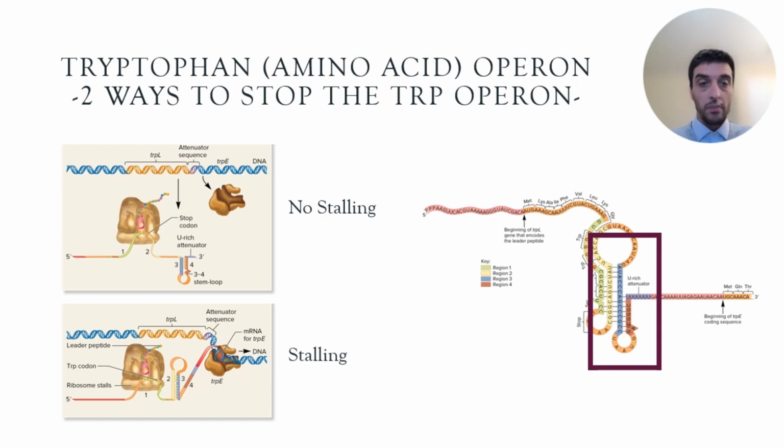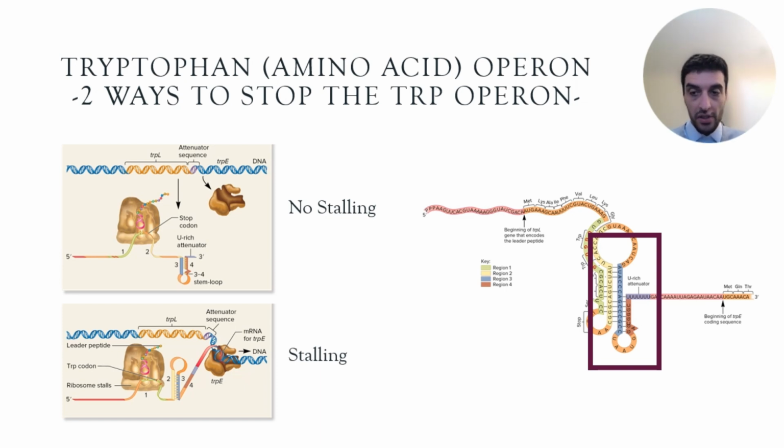So, in other words, if there is no stalling, the ribosome goes too fast and it's going to be connecting in this region. That way it's going to inhibit the production of tryptophan. And if there is stalling, which happens when it has low tryptophan, it's going to be connecting in this region here, and this is going to allow the production of tryptophan.